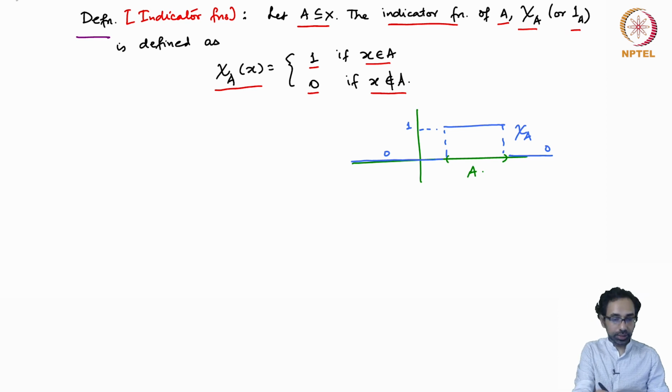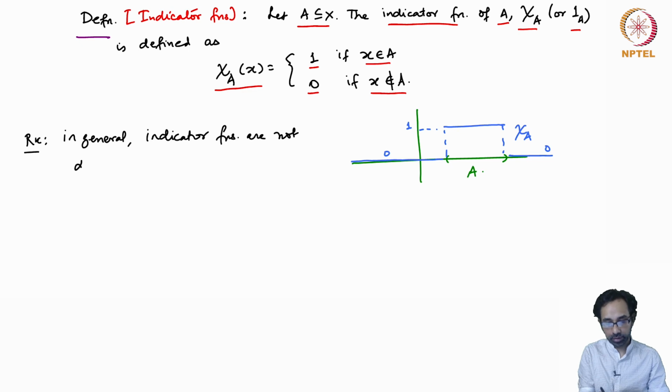So we see that in general, and this is a remark, indicator functions are not continuous. However, indicator functions are extremely useful in analysis, and so the idea of Urysohn's lemma can be used to approximate indicator functions using continuous functions.